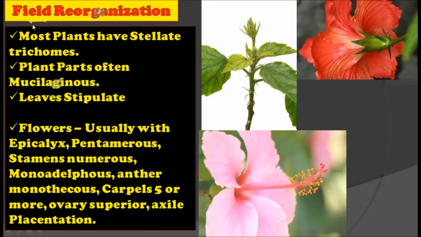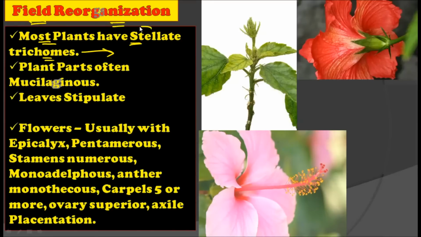Now let us learn about the field recognition of the Malvaceae family plants. That is, if you are going to the field and you have to recognize which plants belong to the Malvaceae family, then all these points you should take into consideration. The very first is, most plants have stellate trichomes. As you may have heard about this word trichome, these are hair-like structures which are often present on the stems of the plants.